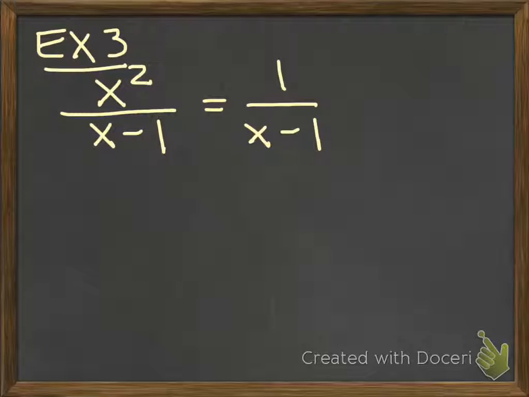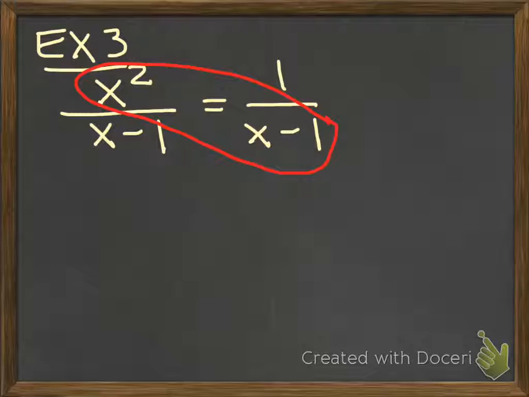Okay, example 3, x squared over x minus 1 equals 1 over x minus 1. We do have a fraction equals a fraction, so we're going to cross multiply and see what we can get. We have this times this, x squared times x minus 1.